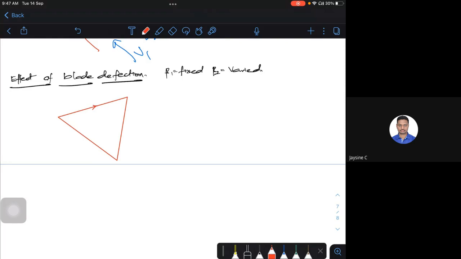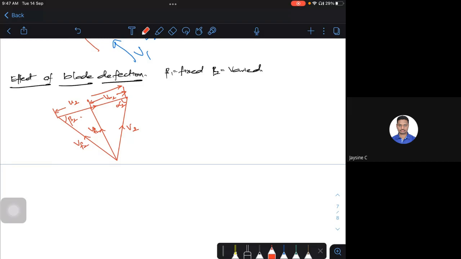This is my U2. This is my VF2, V2, and this is my VW2. So this is how the velocity triangle will look. Now, what will happen under this condition? This is my alpha 2, this is my beta 2.